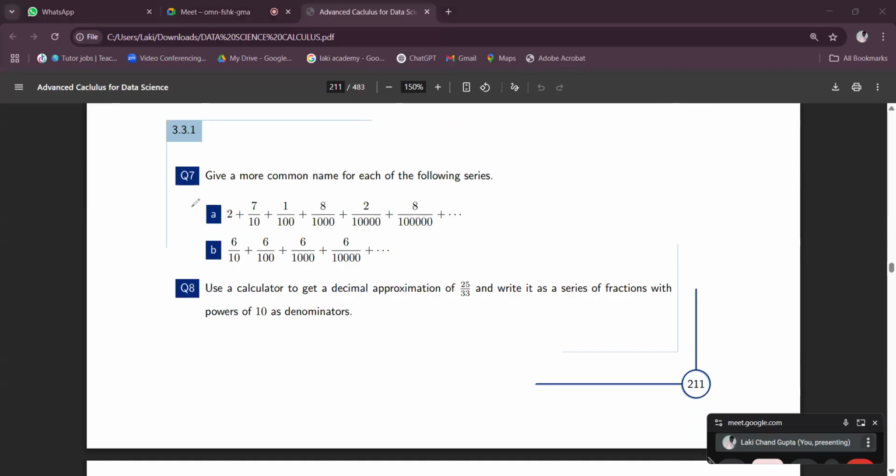Okay. Give a common name to this. So how can you give it?